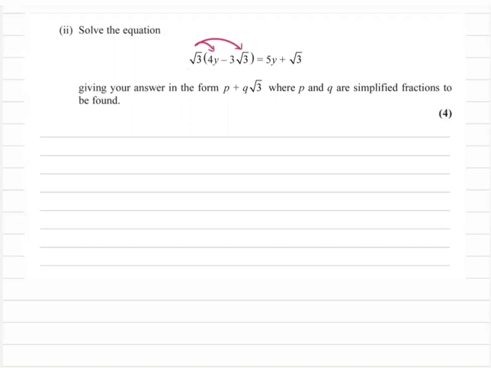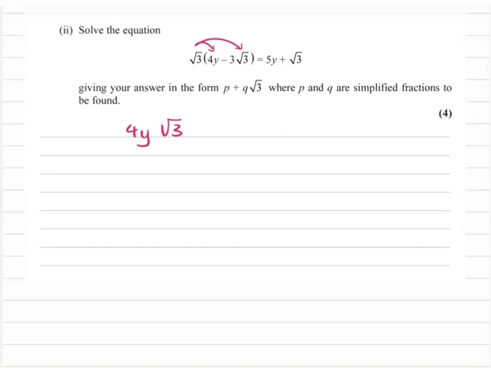So when we start, √3 multiplied by 4y, we have a 4y√3. Now take note that we normally want to write the whole numbers first, or the non-surd factors first, then the surd at the end. So when we multiply, we have the 4y multiplied by √3, which is just 4y√3.